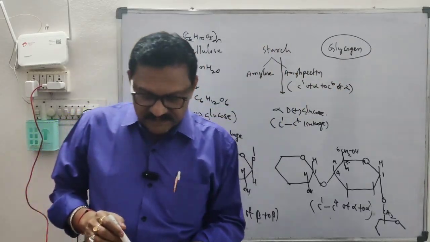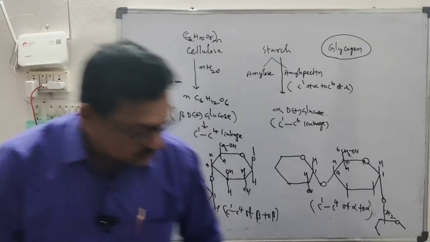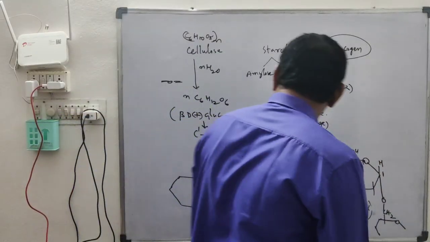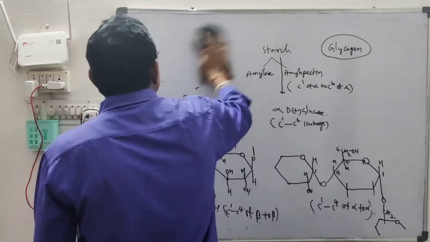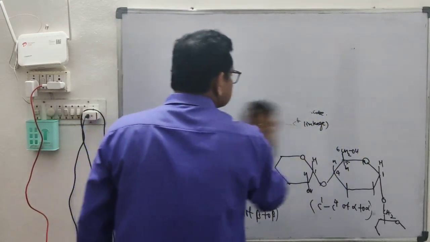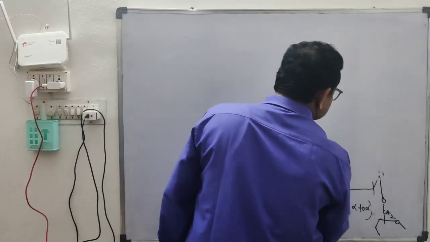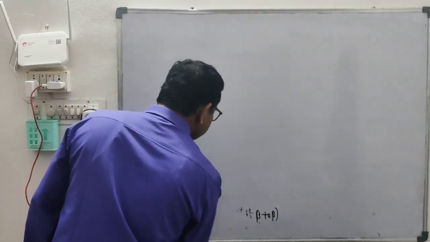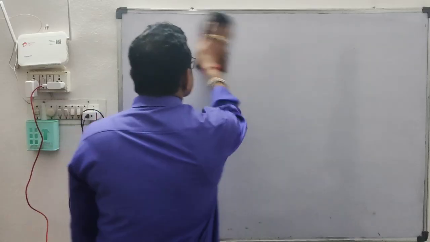With this we completed carbohydrate starch. But you write down notes, that is important. You remember this explanation, but you write the key points.